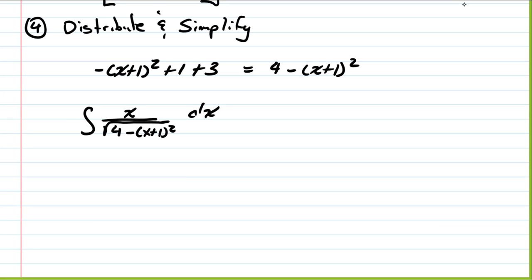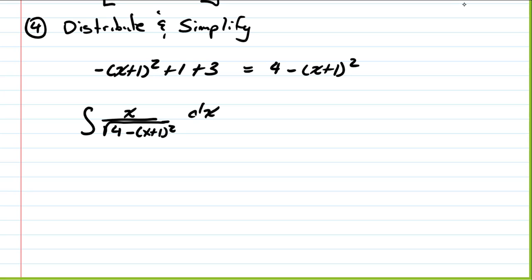So this looks closer to the form of the integrals that we've been doing. In fact, we can exactly turn it into one of the trig substitutions by making a u substitution. So what u would we need to substitute at this point?